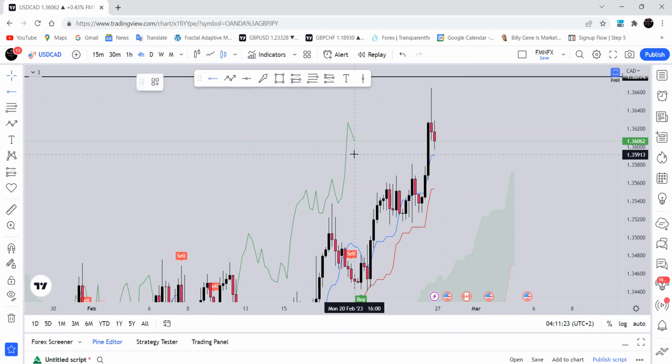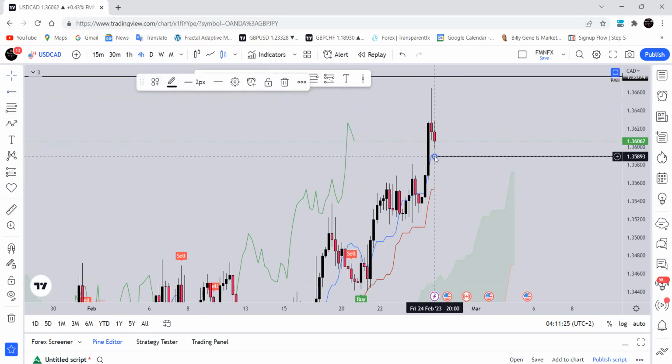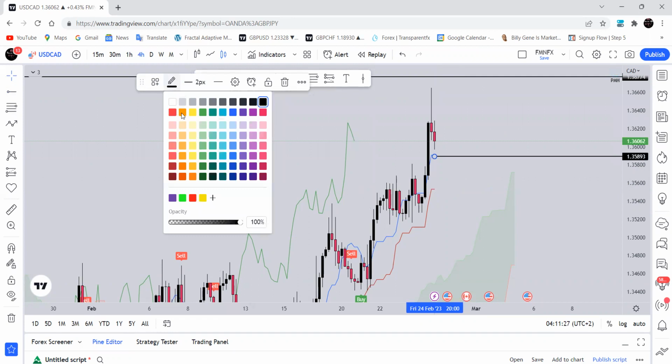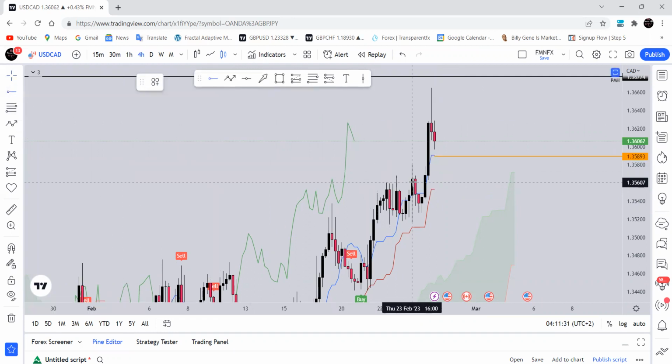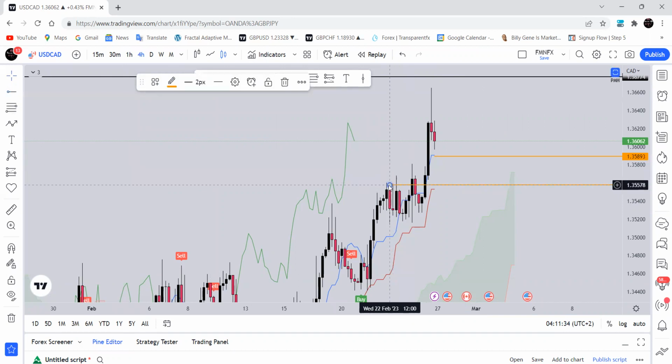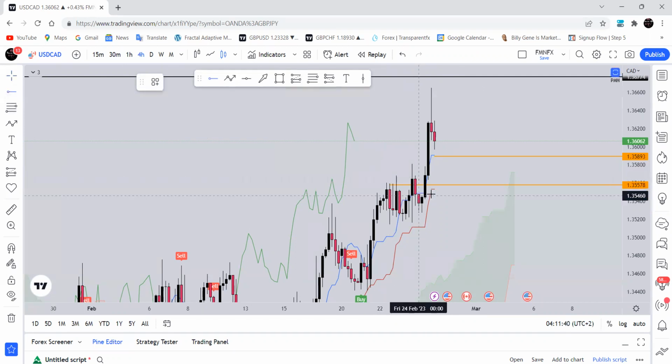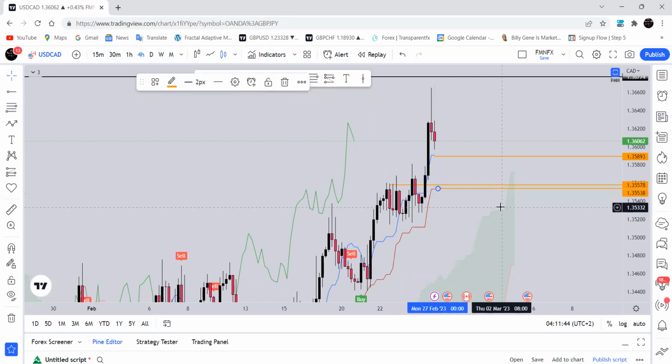So an entry could be here off the Tenkan-sen. An entry could be here with this price action, all this mess right here. And of course, once the Kijun makes its way, an entry could be there.